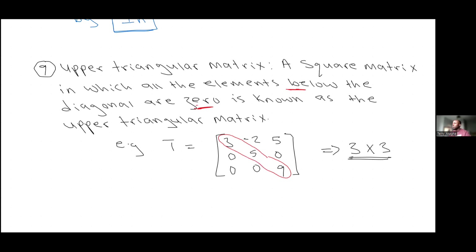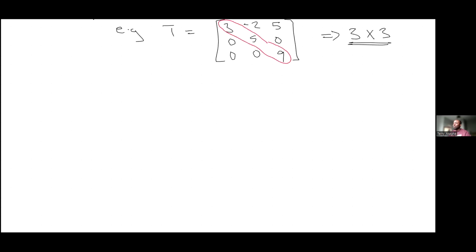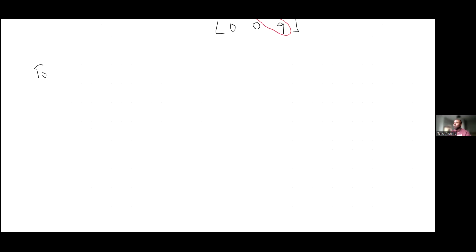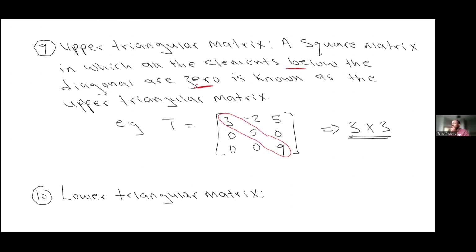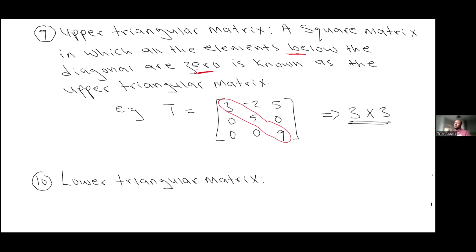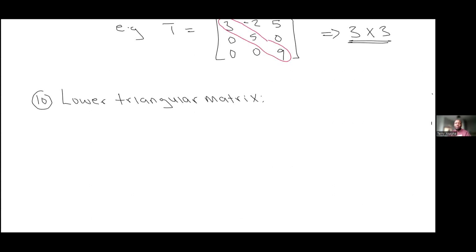In the same vein, let's talk about the lower triangular matrix, number 10. Remember, in the upper triangular matrix, which is a square matrix, the elements below the diagonal are 0, but in the lower triangular matrix, the elements above the diagonal are 0 this time. So it's basically the opposite of the upper triangular matrix.